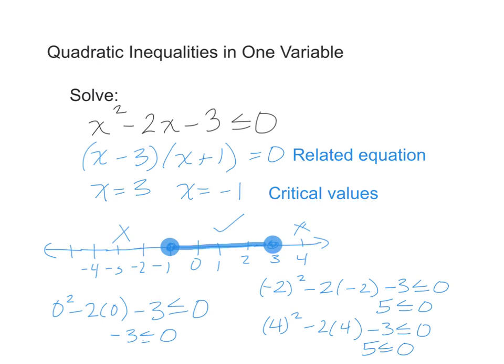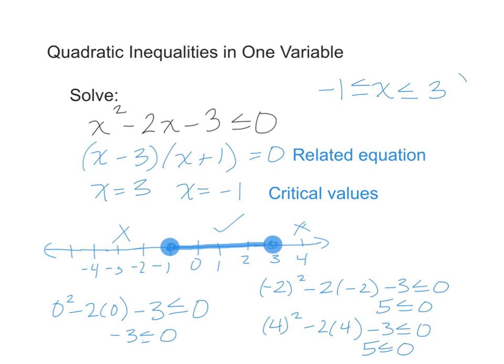How would you describe that? So what would you say the answer is in words? So it'd be like x is in the middle, x is greater than or equal to negative 1 and less than or equal to 3.